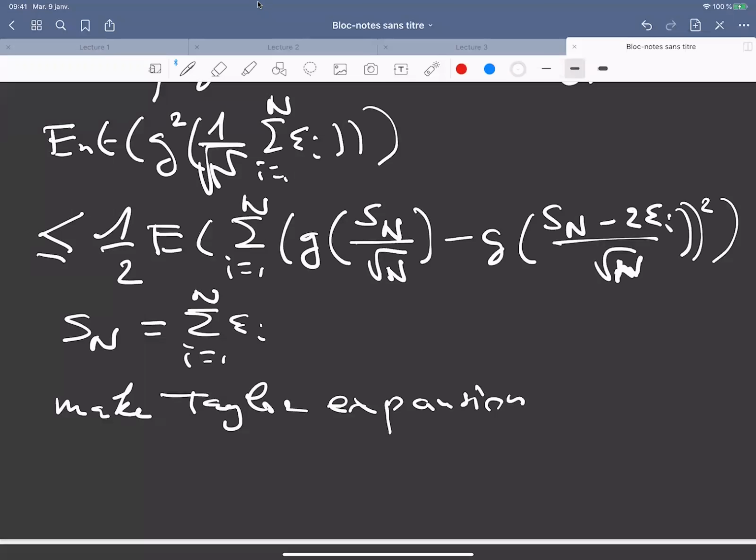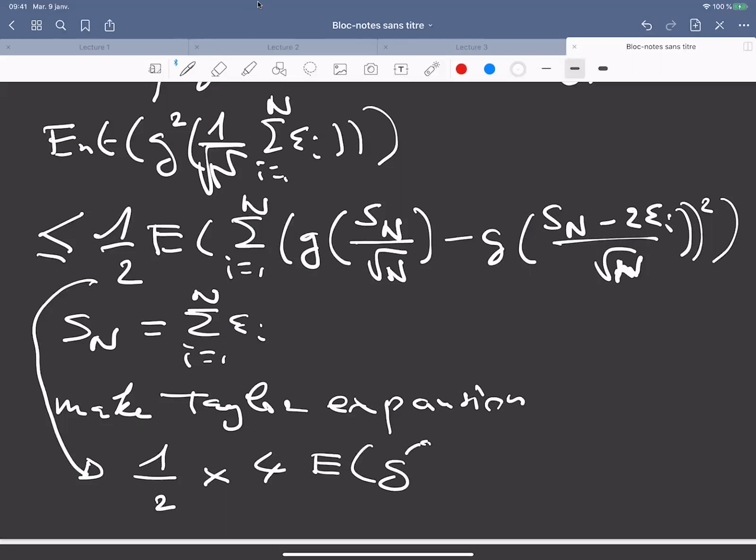And doing this expansion, you discover that the right-hand side tends to 1/2 times 4 expectation of J prime square of X as n tends to infinity.